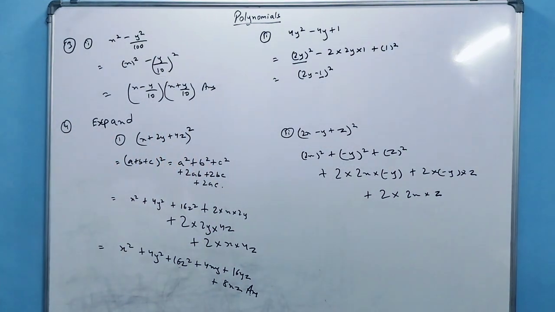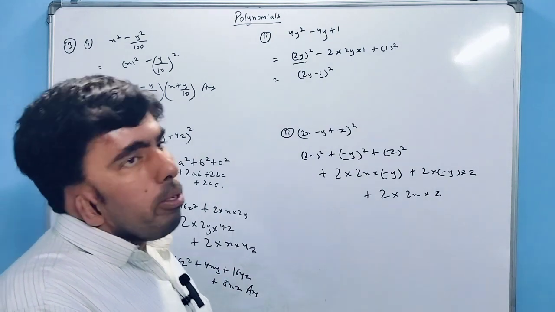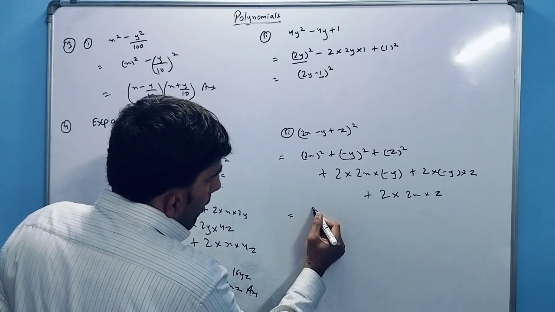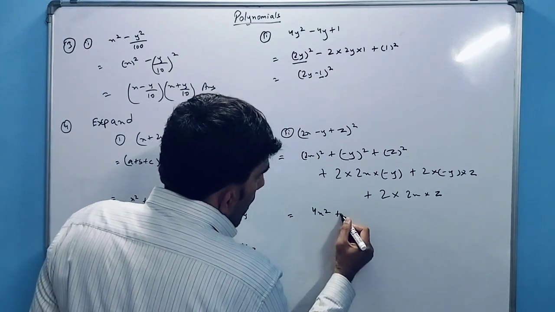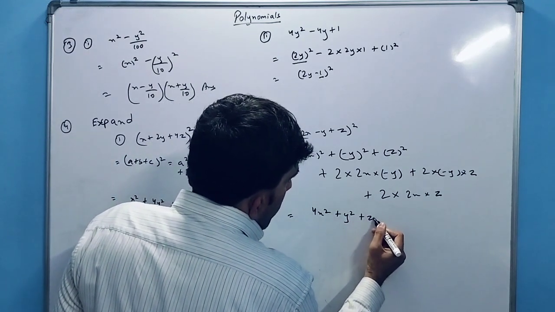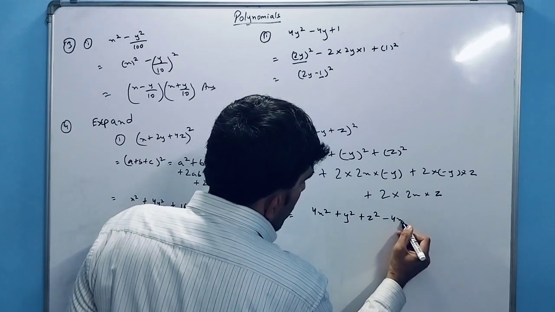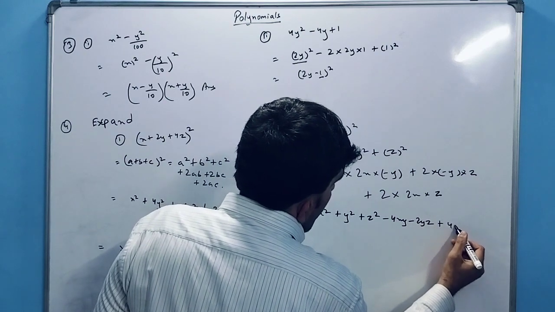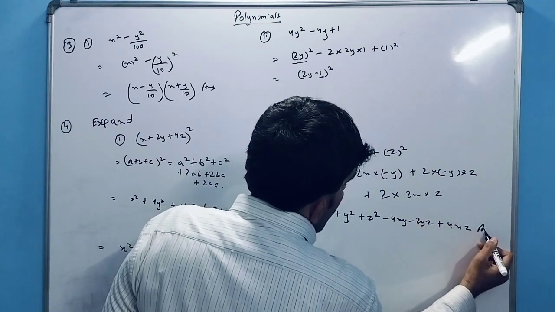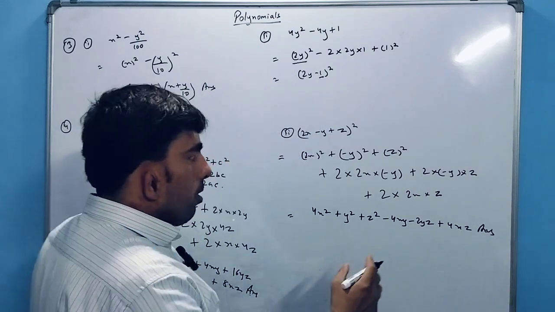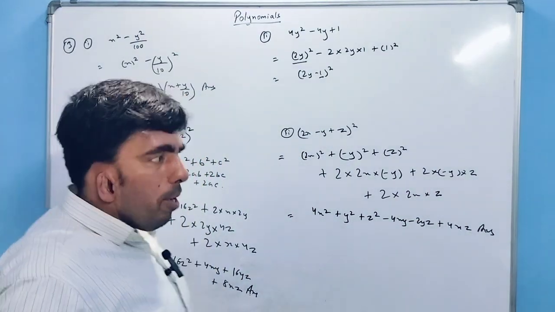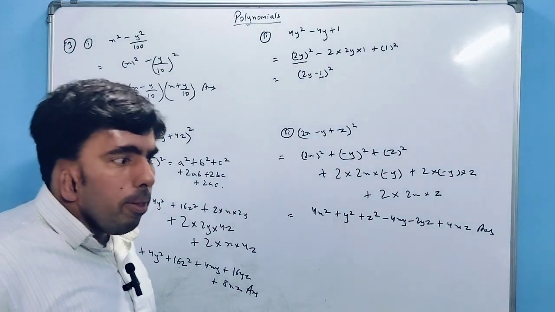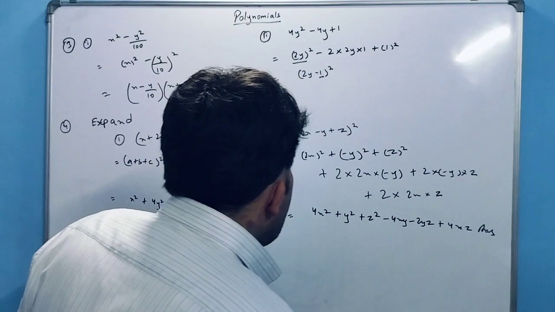But here there is a negative sign, so we need to take care of that also. So now what I will get here is 4x square plus y square plus z square minus 4xy minus 2yz plus 4xz. Due to the negative sign we got these two in negative. So that is how we solve the numericals based on the identities.